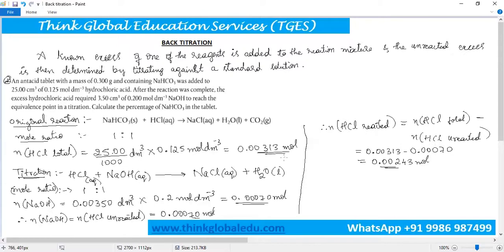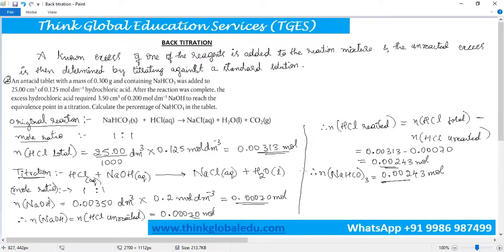So from the mole ratio in the first equation, the number of moles of NaHCO3 will be equal to the number of moles of HCl as they react in a 1:1 mole ratio.